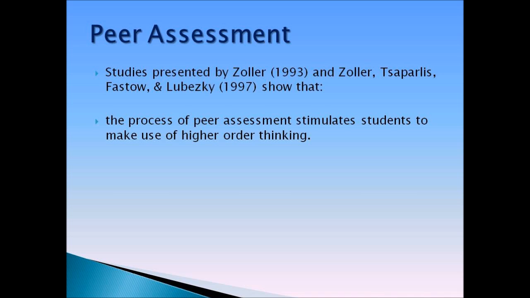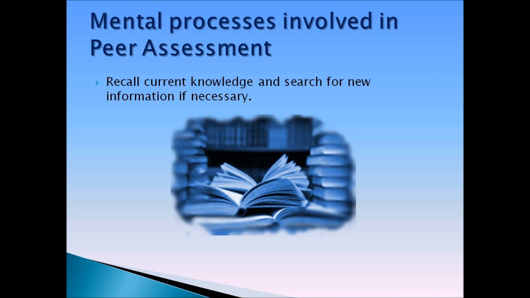This leads us to identify the following mental processes that allow a student to evaluate an answer given by a cohort. 1. The student acting as assessor must have knowledge about the subject of the answer in order to evaluate it. If he or she does not have the necessary knowledge to perform as an assessor, the student will be encouraged to find such information.